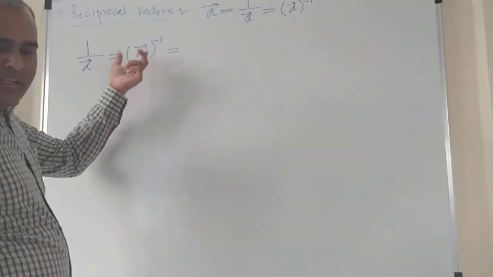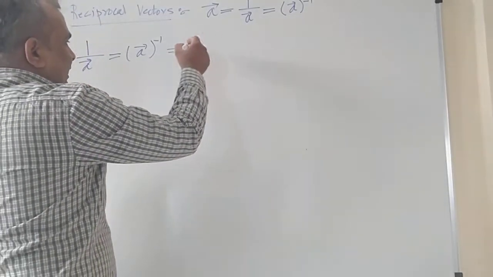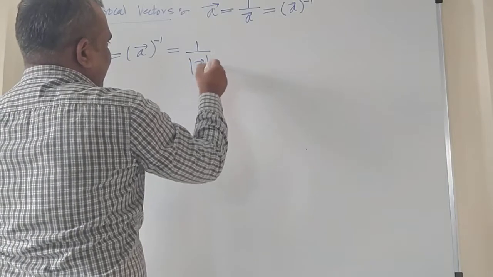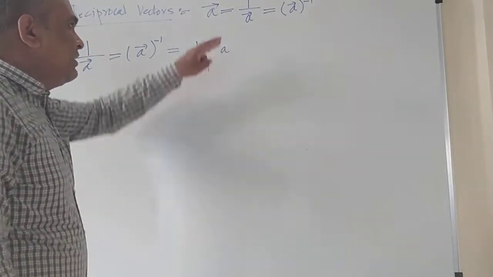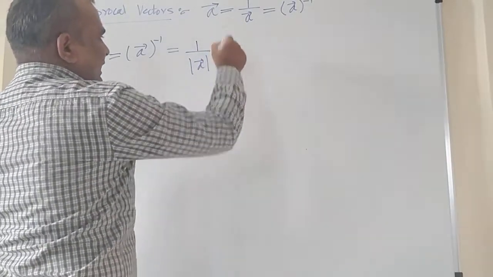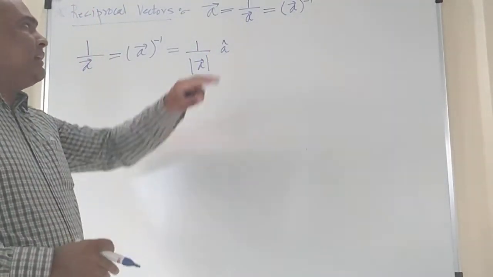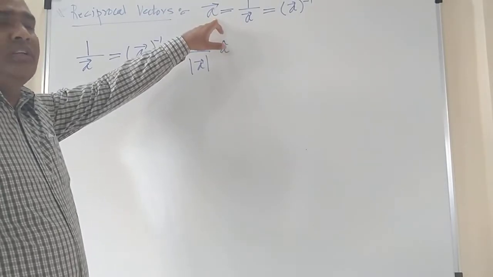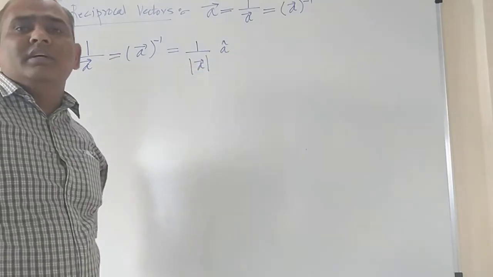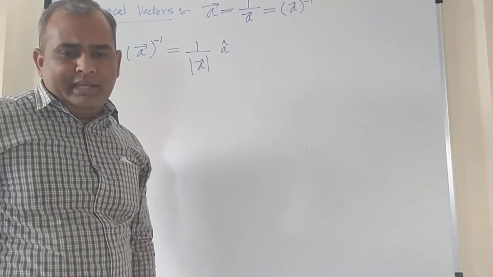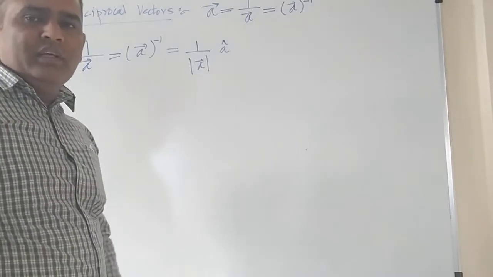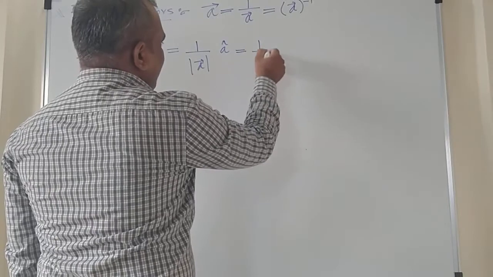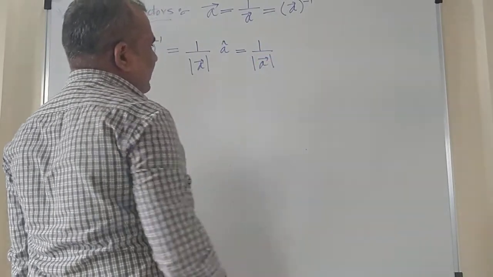So the magnitude of the reciprocal vector is 1 upon mod of A bar, into what is the direction of A bar, along A cap. The direction of the vector A bar is represented by using the unit vector of A bar. So A cap is the unit vector of the given vector. Got it? Hope you have understood this. So I can write it in a more simplified way: 1 upon mod of A bar into A cap.